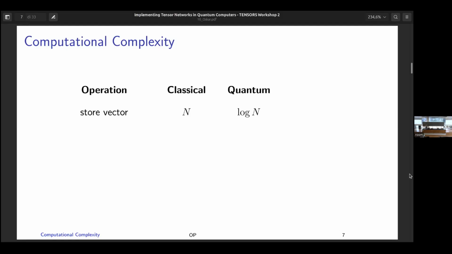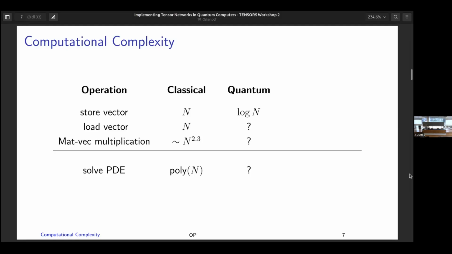But this is not the only thing that we want to do. We actually want to solve the PDE. What do we need for that? We need to be able to load the vector, and we need to be able to do matrix-vector multiplication. In the classical case, loading a vector, imagine you have a vector on paper and you have to load it on your computer, you just type every number. It's a linear operation.